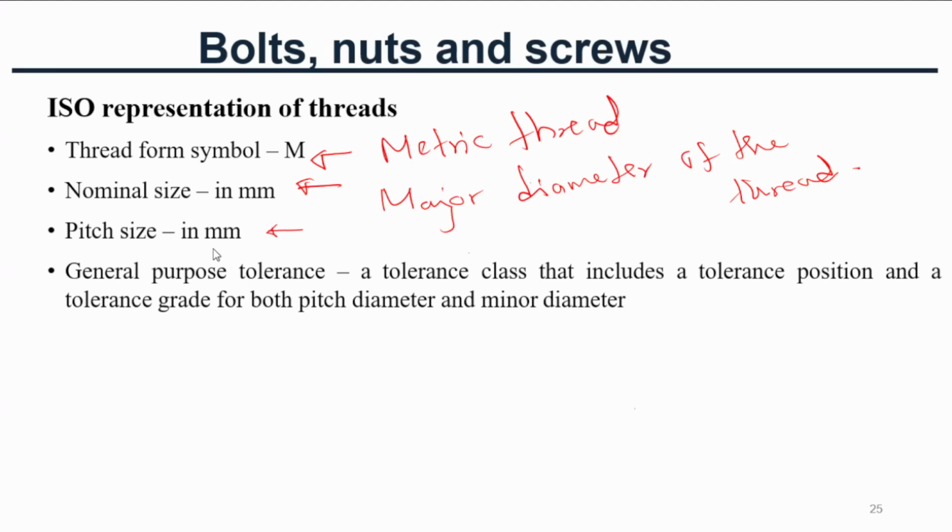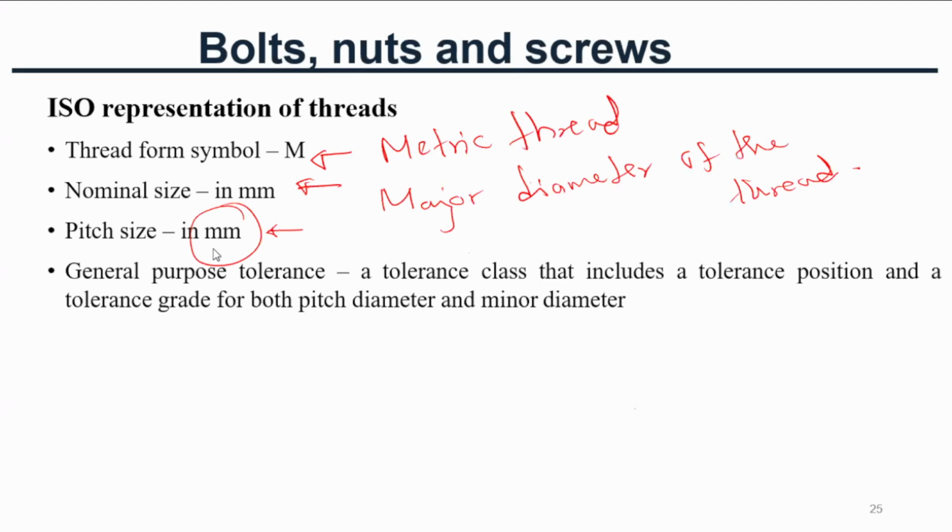You know about pitch. Pitch size we can get using millimeters. Then the general purpose tolerance: a tolerance class that includes a tolerance position and a tolerance grade for both pitch diameter and minor diameter.